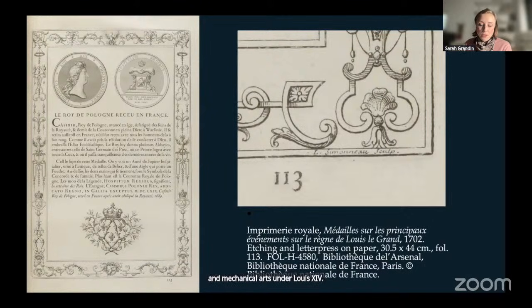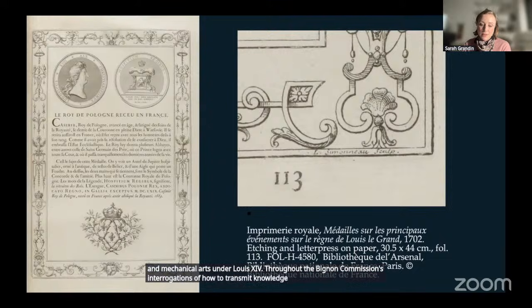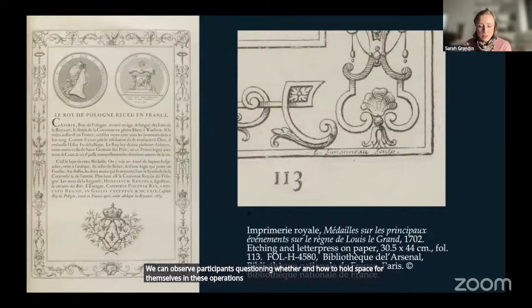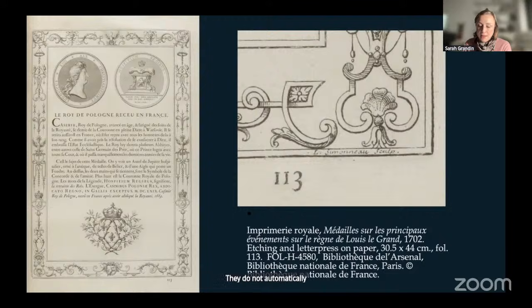Throughout the Bignon Commission's interrogations of how to transmit knowledge and best represent their sovereign through the perfection of print, we can observe participants questioning whether and how to hold space for themselves in these operations. They do not automatically abnegate.